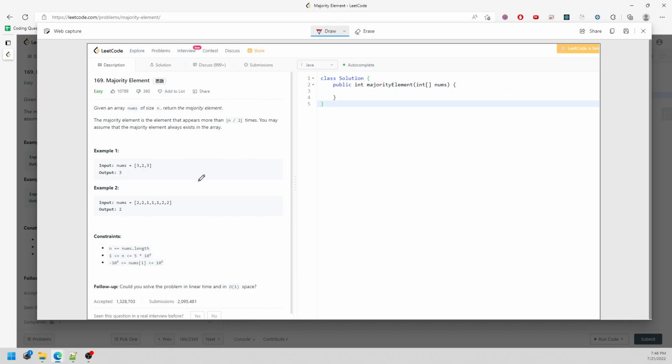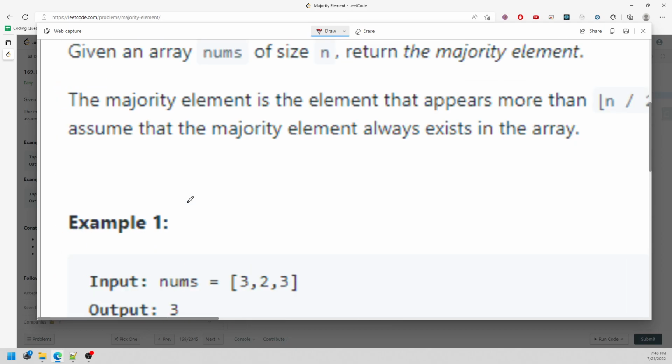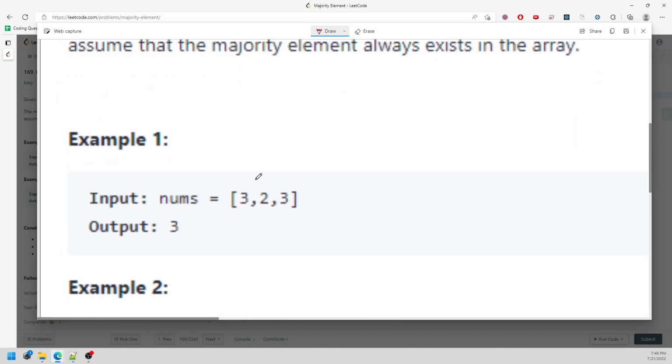I will traverse the entire array, and I have a counter and an element.